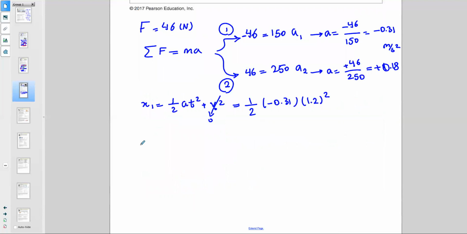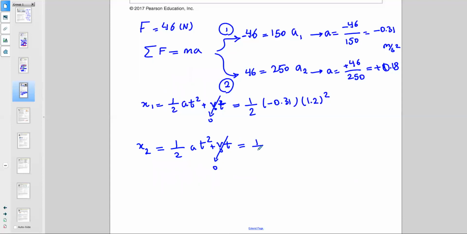And x2, which is going to the positive direction, is half a t squared plus v0 t. This one is also 0 because initially they were at rest.